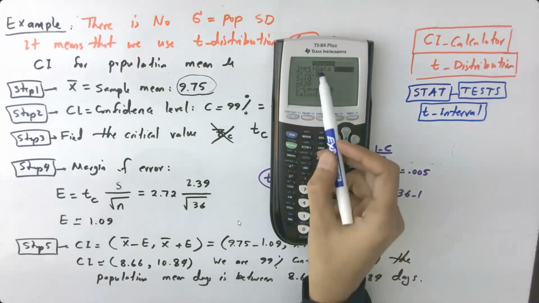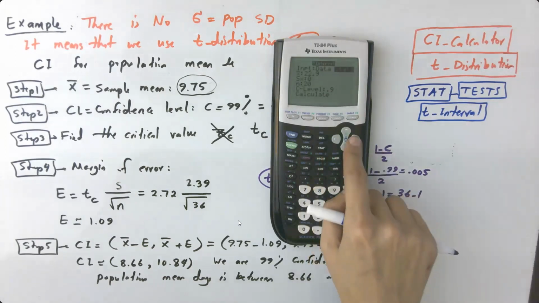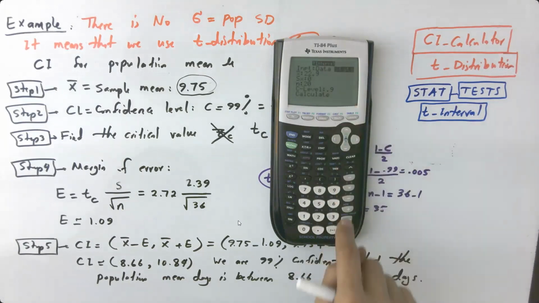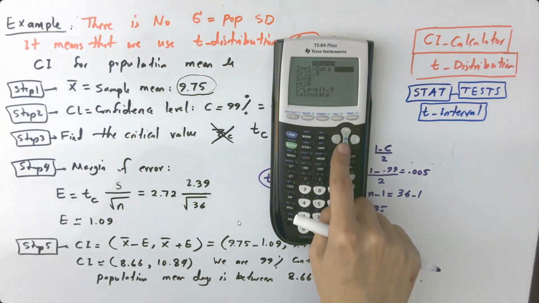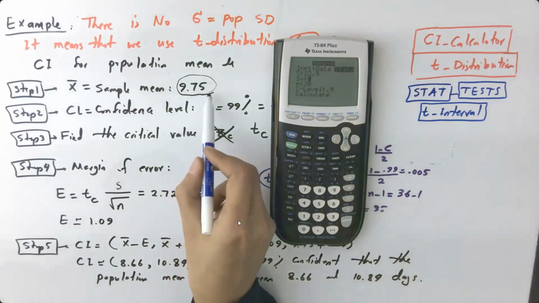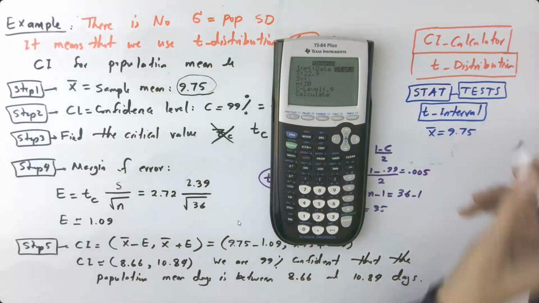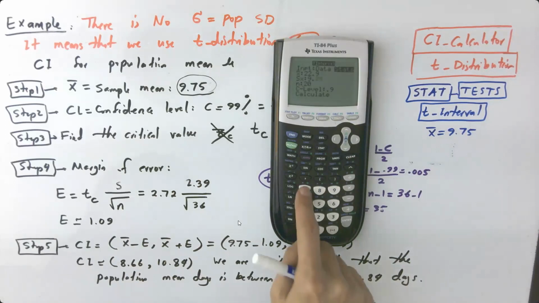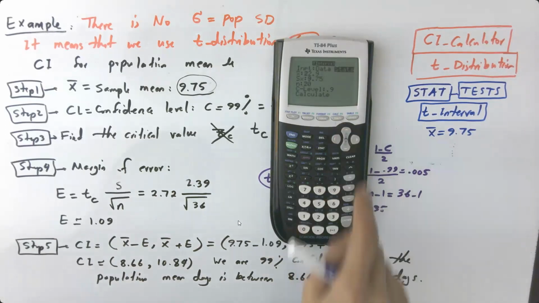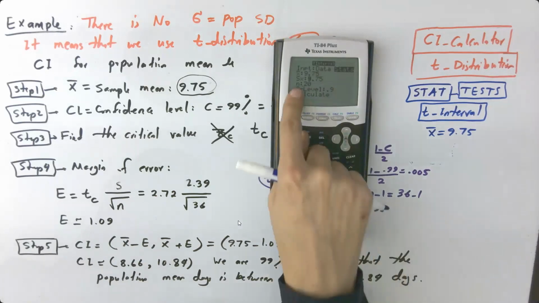We don't have the actual data. What do we have? We have information about our sample, or sample statistics. So enter. What is X bar? X bar is 9.75 days. I enter this here, X bar 9.75. What is S sub x?